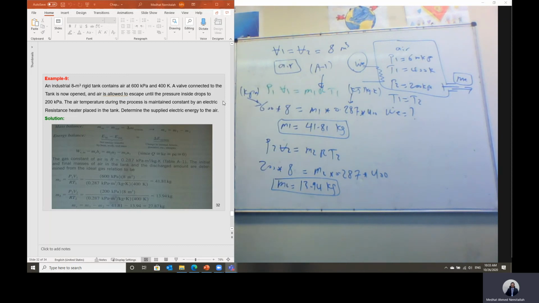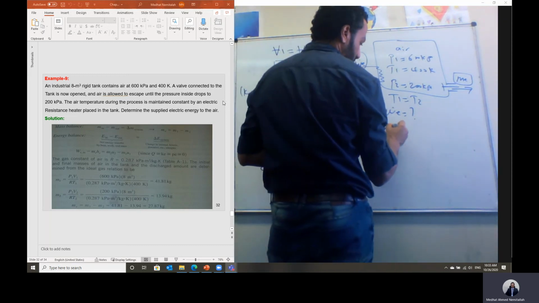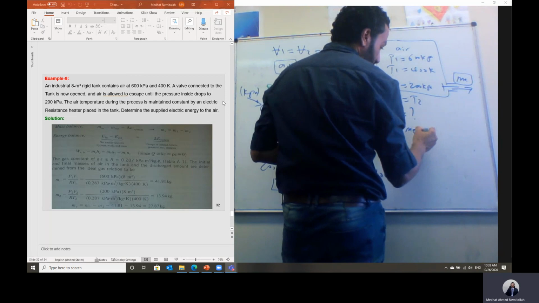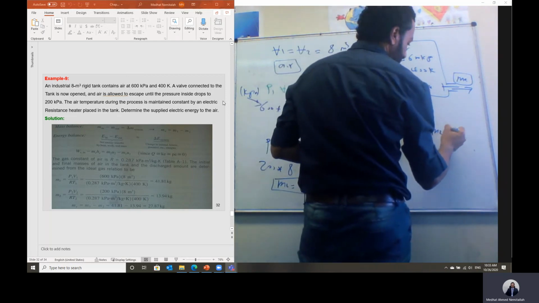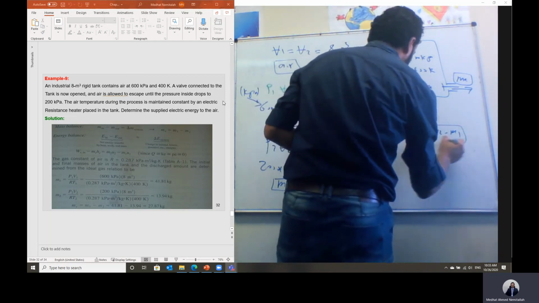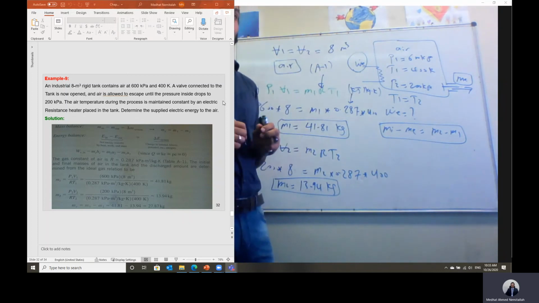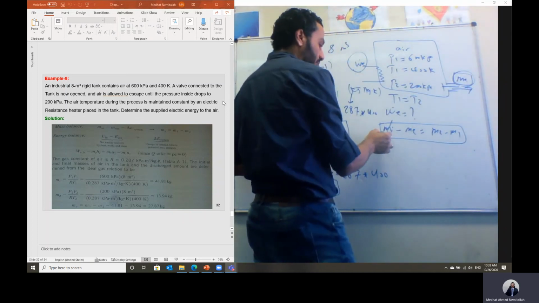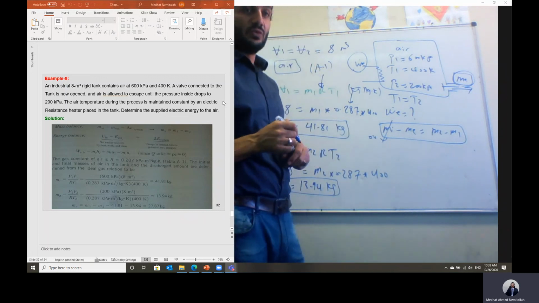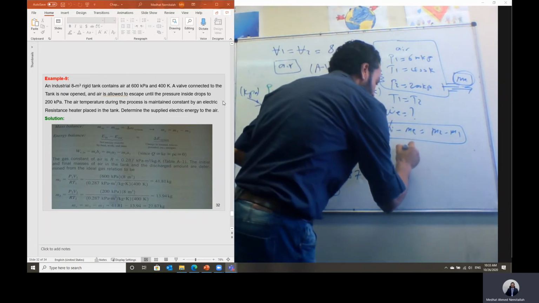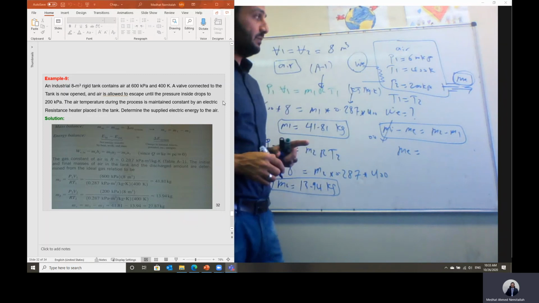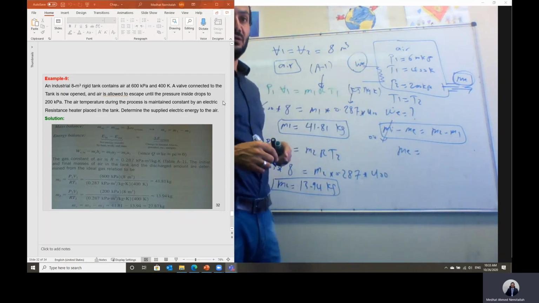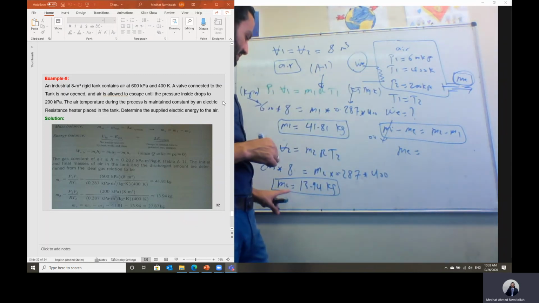Fine. Let's apply the mass equation for a steady flow, which is mass inlet minus mass exit equal to the final mass M2 minus the initial mass M1. In this case, flow is leaving, but we don't have flow coming into the system, so mass in is equal to 0. So the mass of air that left the system will equal the difference between the final mass and the initial mass, M2 minus M1.